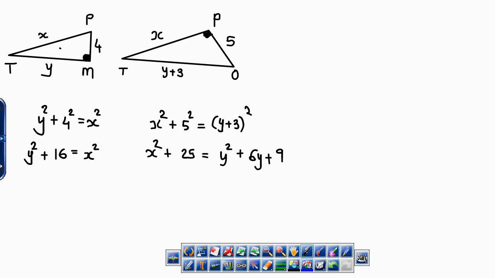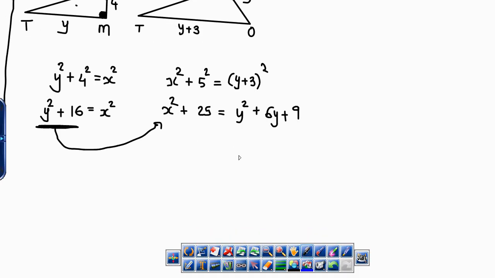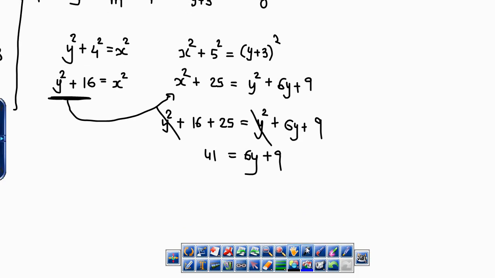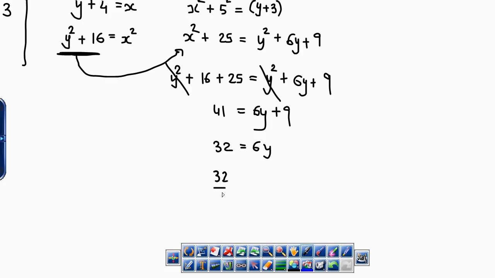सब्स्टिट्यूशन. X स्क्वायर की ये वैल्यू यहाँ पे सब्स्टिट्यूट कर दो, तो Y स्क्वायर प्लस 16 प्लस 25 इज Y स्क्वायर प्लस 6Y प्लस 9. Y स्क्वायर कट. 41, 9 minus 32, 6 divide, therefore Y is 16 upon 3.